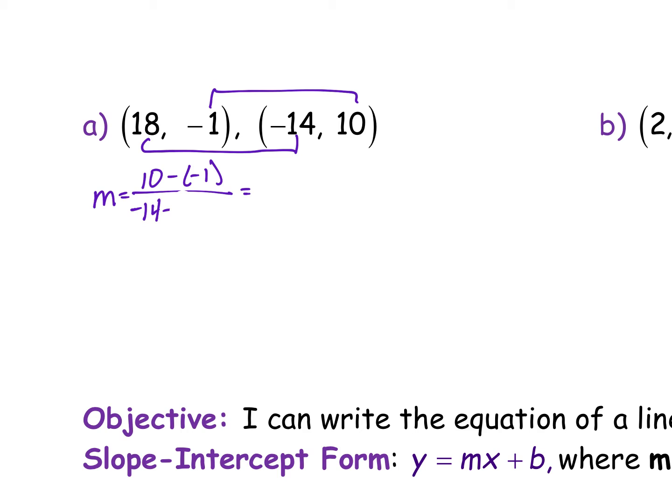Minus 18, great. 10 minus minus 1? Negative 11 over negative 14 minus 18. 32. And does it simplify? No. Okay, great.